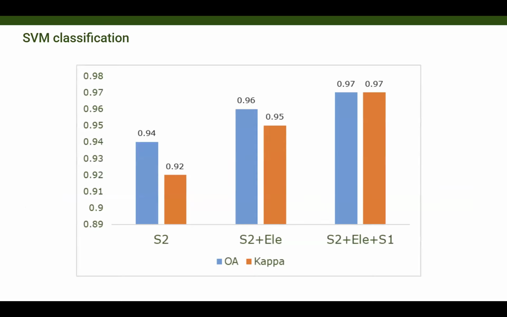There are two types of accuracy I consider: overall accuracy and kappa. Overall accuracy only considers the accurately classified pixels, whereas kappa also considers randomized chance. It's evident that combining Sentinel-2, Sentinel-1 and elevation produces higher accuracy.